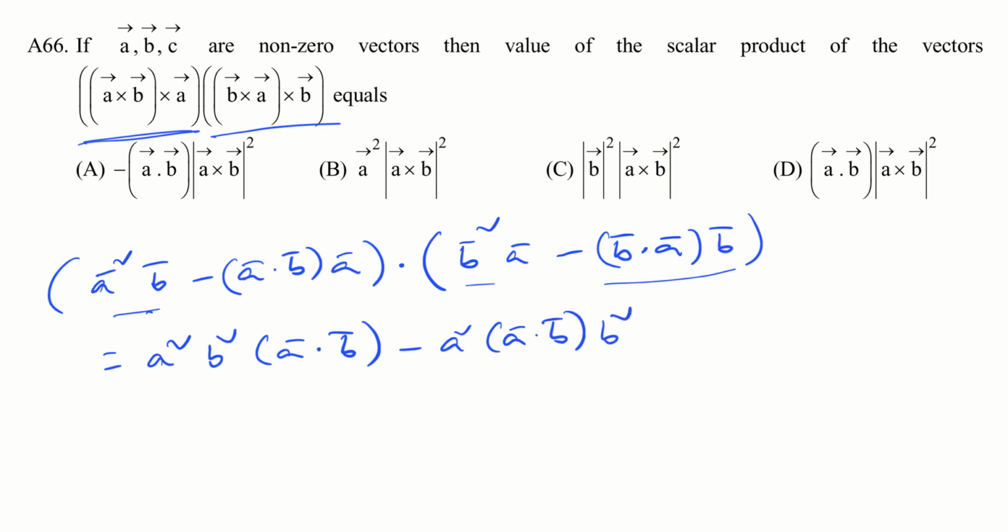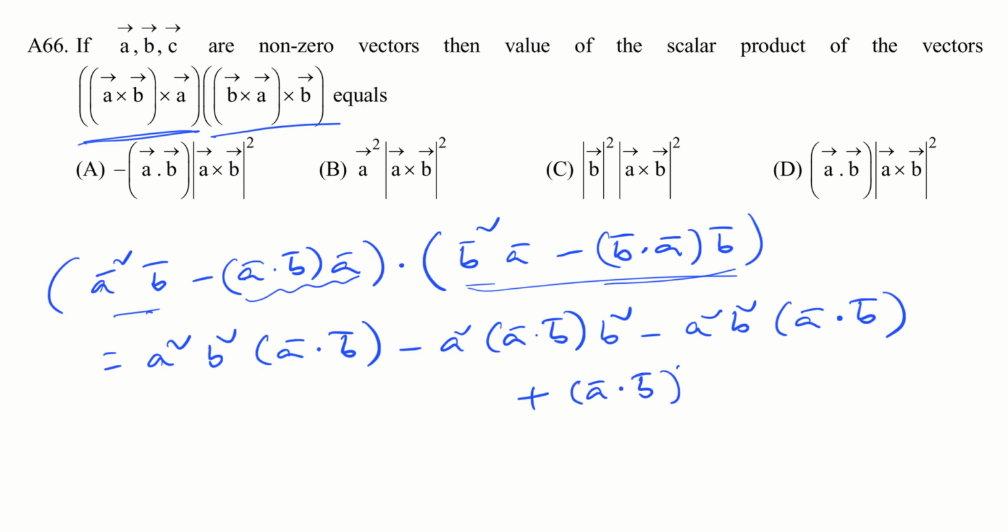Now I'll multiply these two vectors, I'll have minus a square b square a bar dot b bar. The next part will be plus a bar dot b bar whole square into a bar dot b bar.